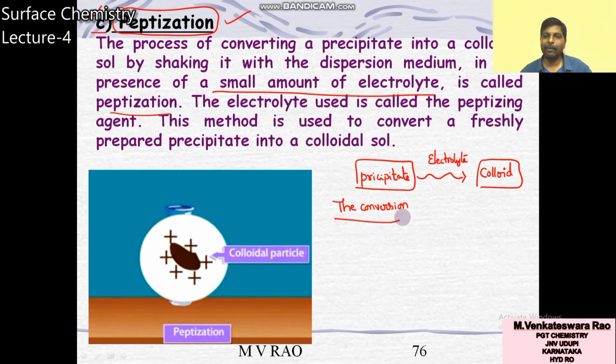So the conversion of a precipitate into a colloid by the addition of a small amount of electrolyte is called peptization. Now what is the role of this electrolyte? This electrolyte used is called the peptizing agent. So here peptization is one definition.